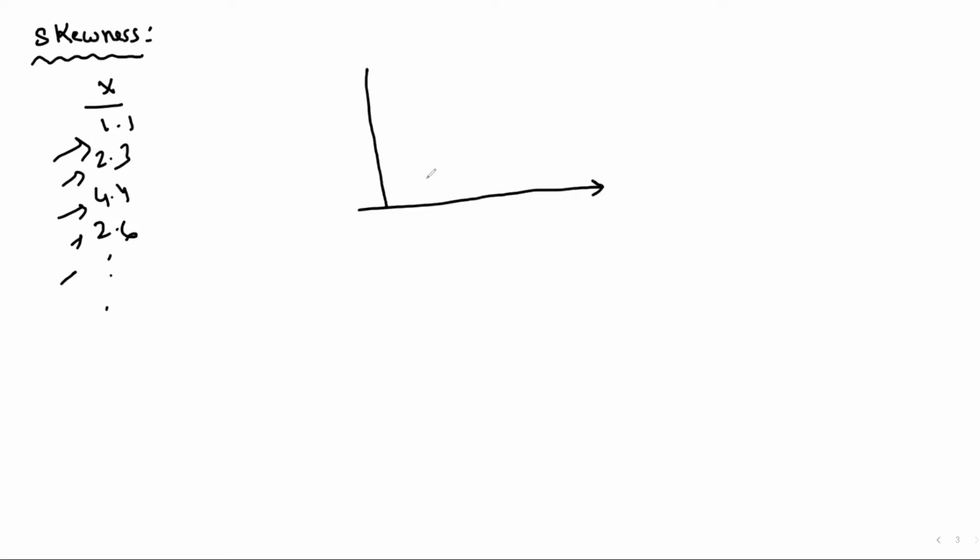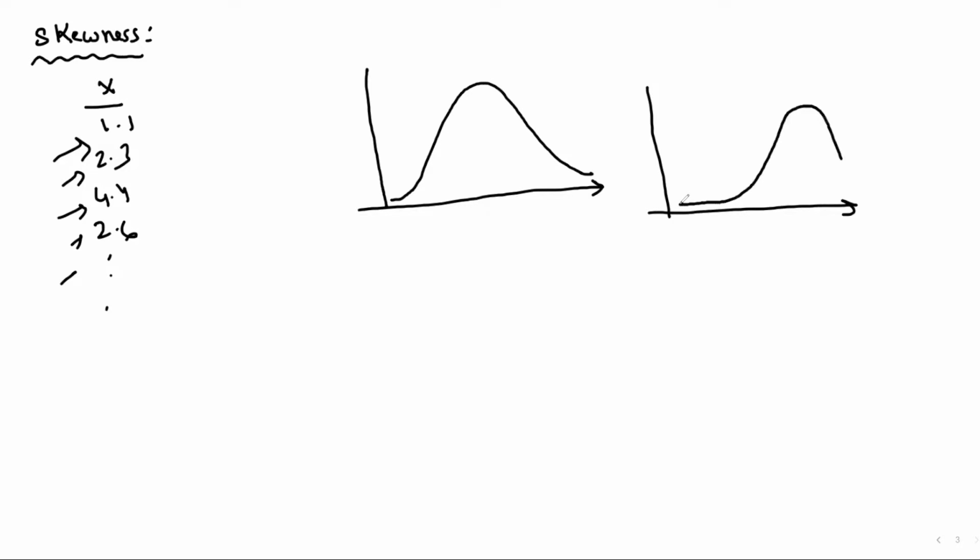Now the shape can be like this, or the shape can be like this, or the shape can be like this. It can take other shapes as well, but let's say we are considering these. So it can take any of these shapes. Now we know if it is taking this shape, it is nothing but normally distributed.